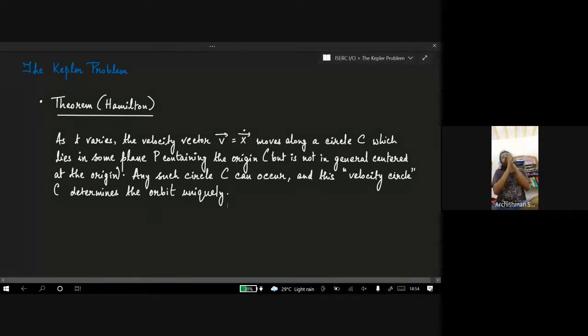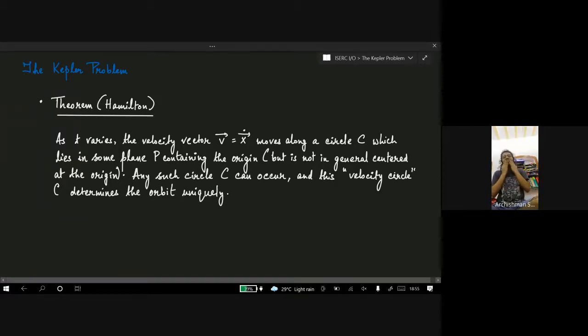It turns out that if I consider the locus of velocities in the Kepler problem, then they are circles, which lie in a plane containing the origin. And not just that, if I prescribe a given circle in a plane containing the origin, I can get back an orbit of the Kepler problem.